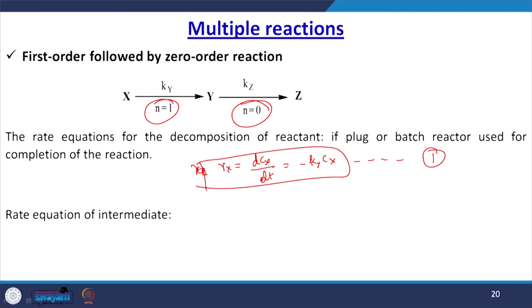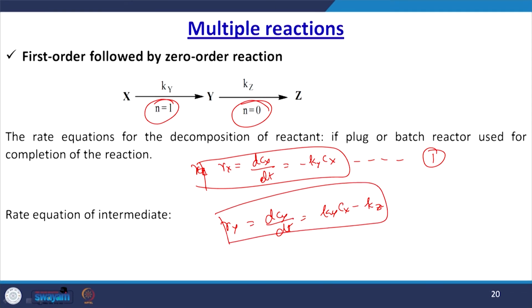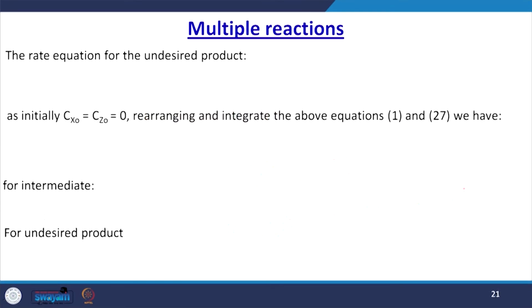And if we write the rate equation for the intermediate, then Ry is equal to dCy upon dt, that is Ky Cx minus Kz. This was equation number 1, and if we take it in the sequence, it becomes equation number 27.